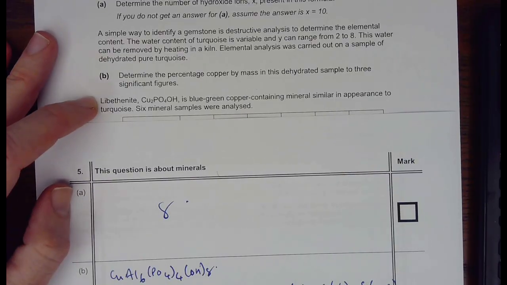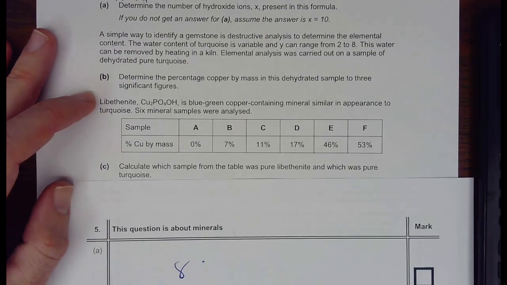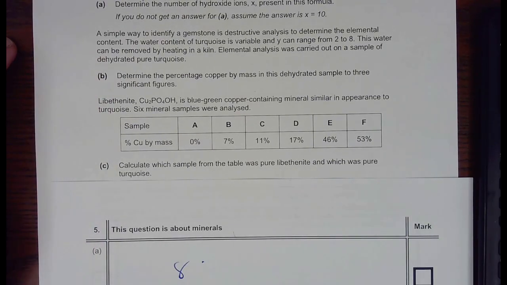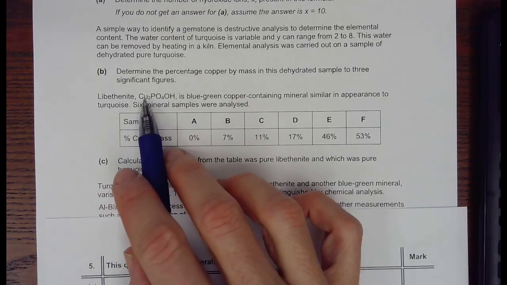Okay. And then we're given this other substance whose name I can't pronounce. And we're asked to calculate which sample from the table was pure libethenite and which was pure turquoise. So this should be fairly straightforward, so I just need to work out the mass of this.